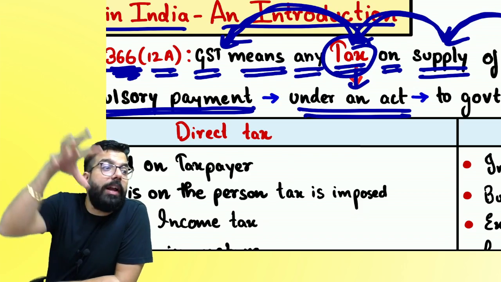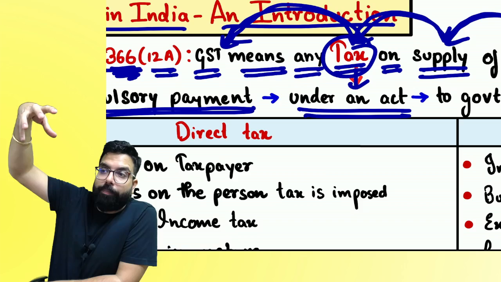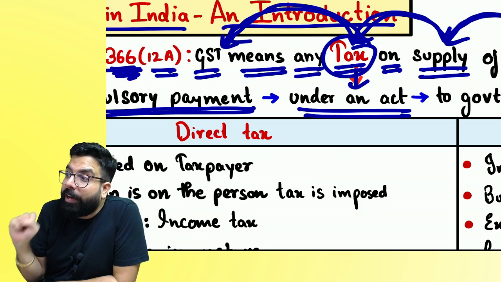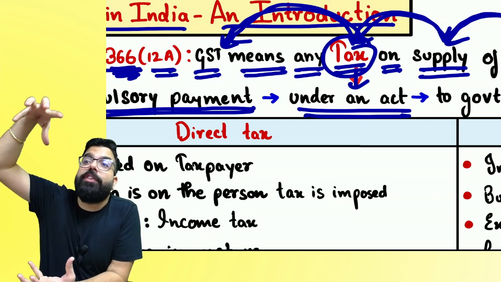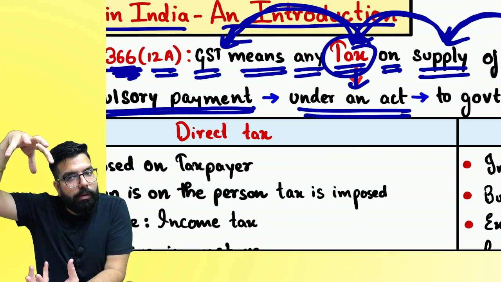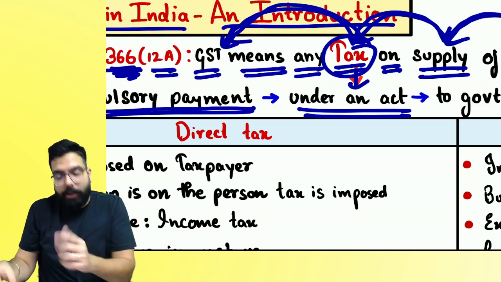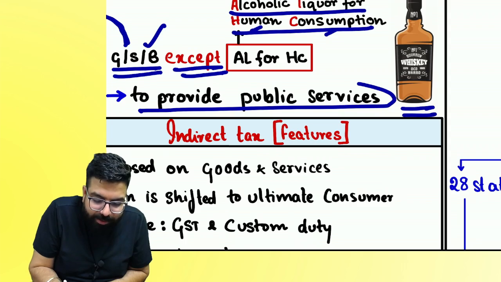Because it is not under a law. Act means a law. Income tax is collected under the Income Tax Act, GST under the GST Act. So whenever it is collected under an act, it is called what, everyone? Tax.